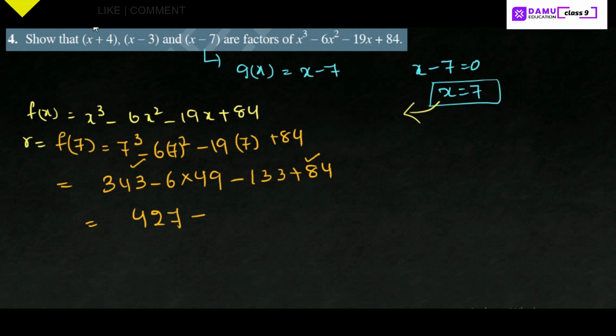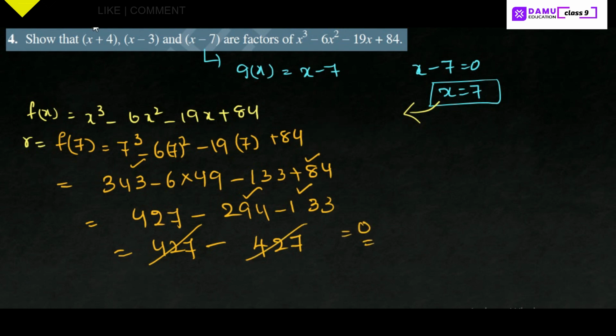Then 6 into 49 becomes 294. So 294 plus 133, the symbol is the same so we add, and we get 427. So plus 427 minus 427 will cancel. Then the remainder is 0. Therefore x minus 7 is a factor of f of x. Like this we need to solve.